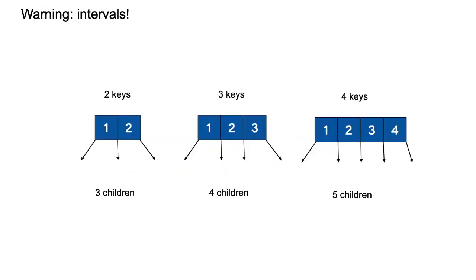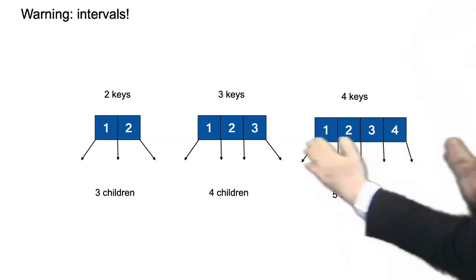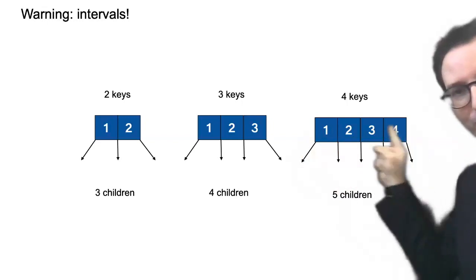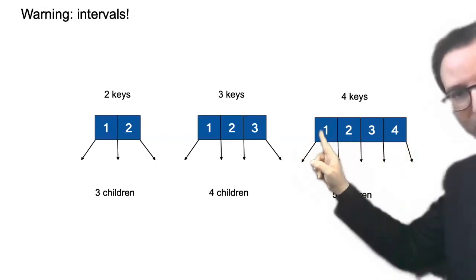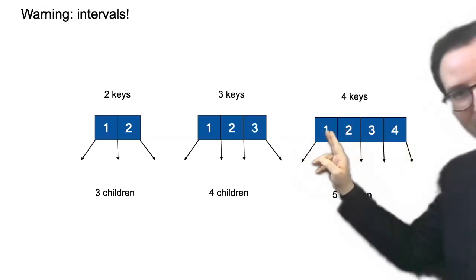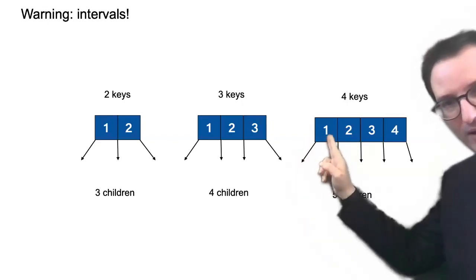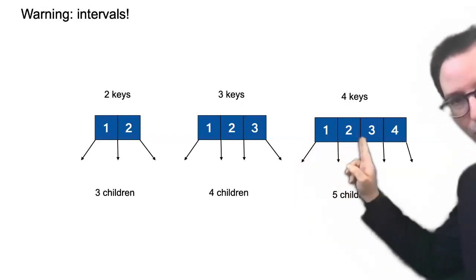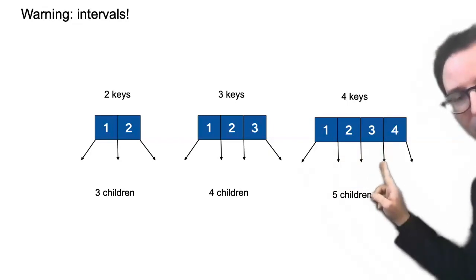So here, if you see that you have, let's say, 5 children, these 4 values here allow us to compare. Imagine that it's real numbers, right? Everything here would be smaller than 1. Everything here would be between 1 and 2. Everything here between 2 and 3. Everything here between 3 and 4.